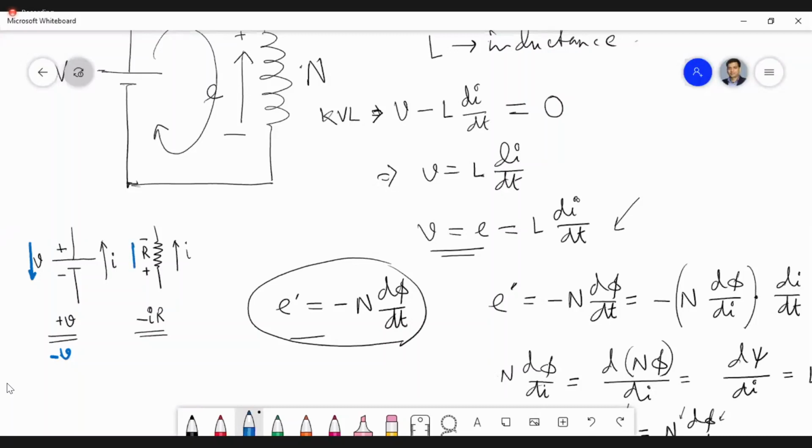And if I assume the current like this, it will be plus IR. If the polarity of the resistance is given, but the current I am assuming in the downward direction, so it will be plus IR. This is a convention. I think you know this.